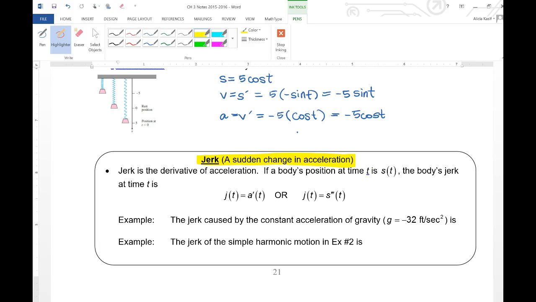It's when you're not expecting it, and there's that sudden change in acceleration, that's what's causing your motion sickness. And that's just the derivative of acceleration. So that is the third derivative of position. And that's as far as we go in terms of movement. Position is the one we start with, velocity is the first derivative, then acceleration is the second derivative, and then jerk is the third derivative. We don't do that much with jerk.